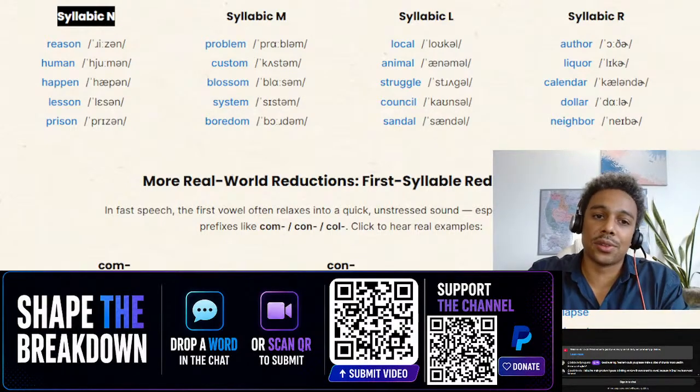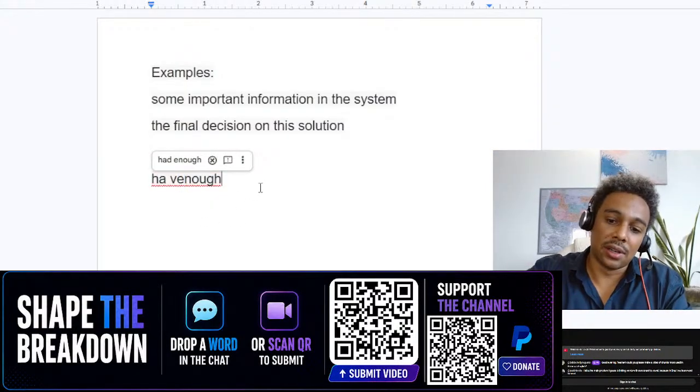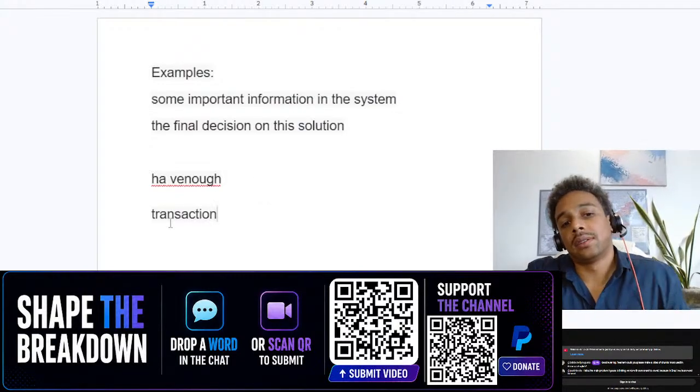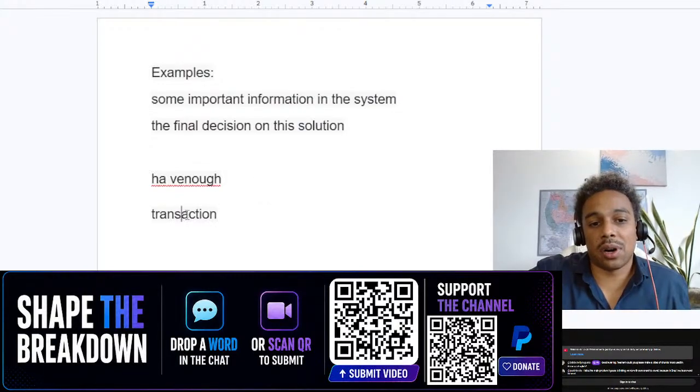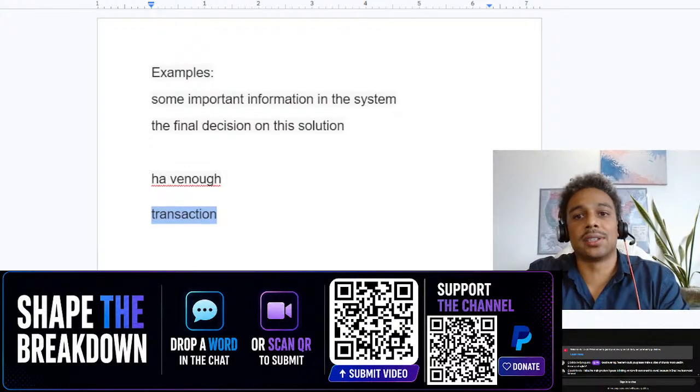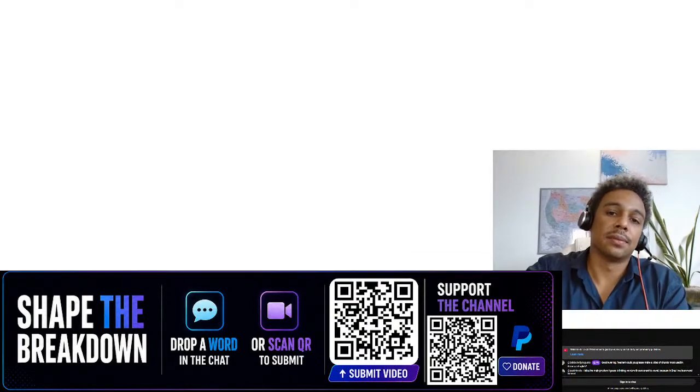Transaction, like all those vowels have to disappear, right? This is the most important part. Transaction, shn. Right, let's throw it in the dictionary and see what the dictionary says for the pronunciation.